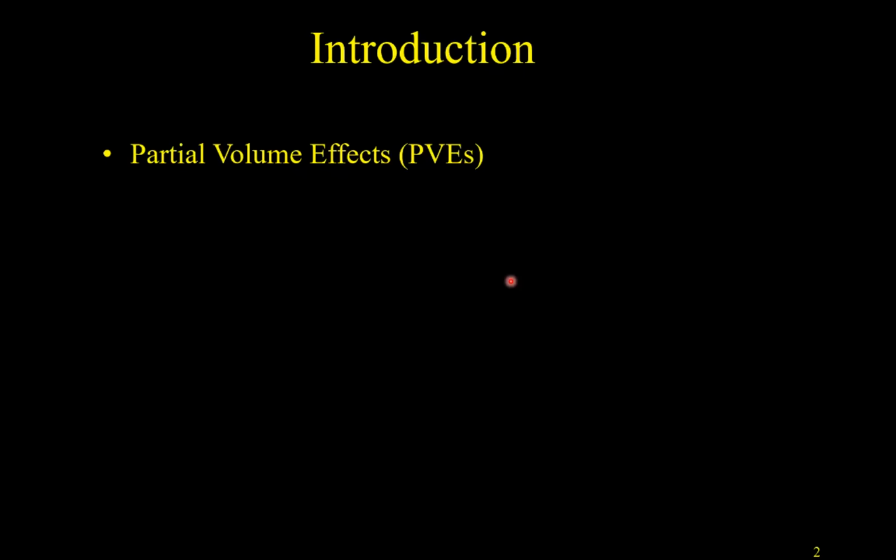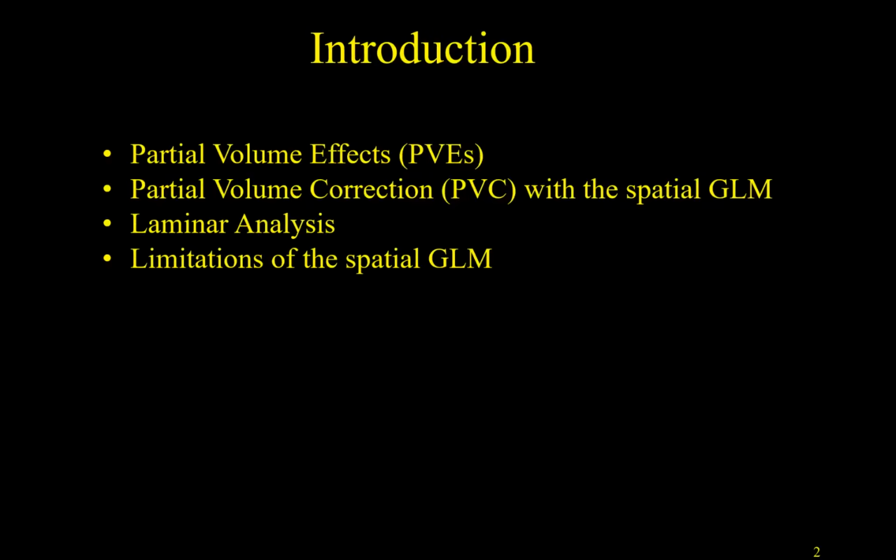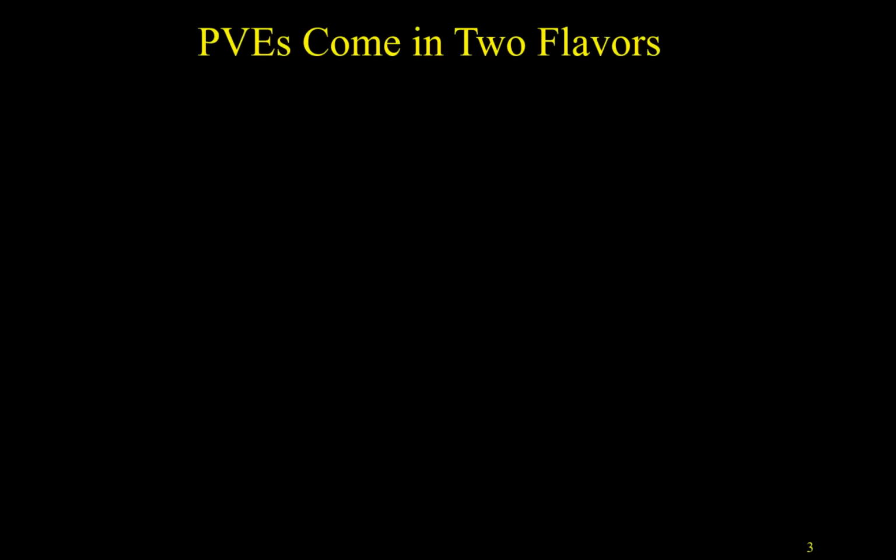So in this talk, I'll go through what partial volume effects are. I'll talk about fixing partial volume effects using this spatial GLM. I'll talk about going through laminar analysis and the limitations of the spatial GLM, especially for laminar analysis.